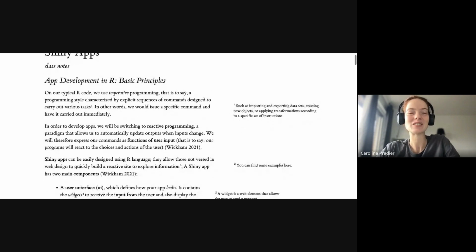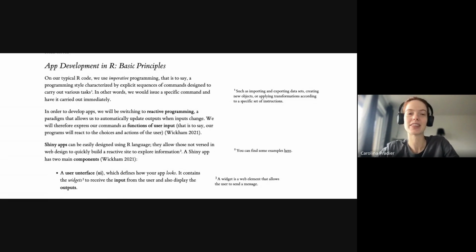Usually when we work with R or with any programming language, we use imperative programming, which means that we ask for the program to do something and the program immediately does this, or responds to our instructions. For instance, we may ask for R to import a data set or apply a transformation, and the objects in our environment evolve as we ask for different services.